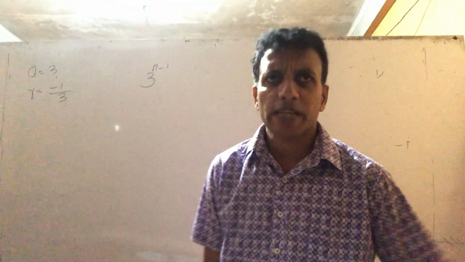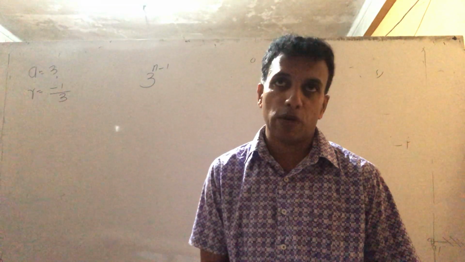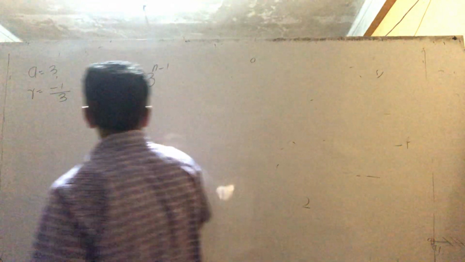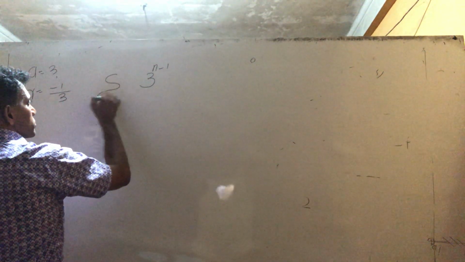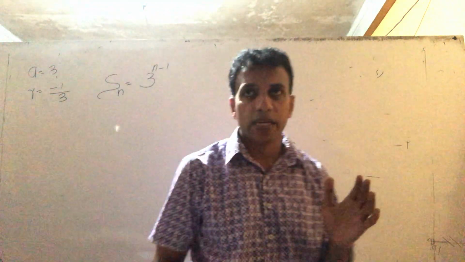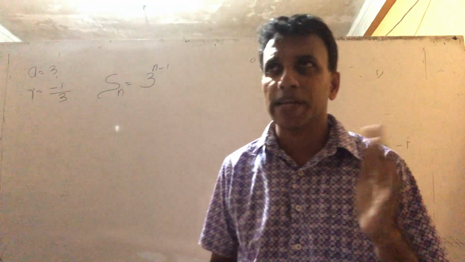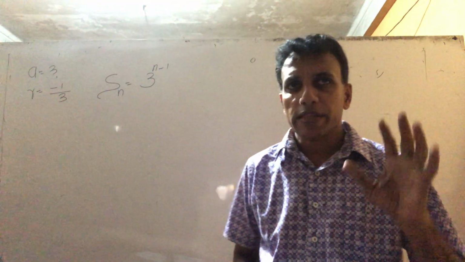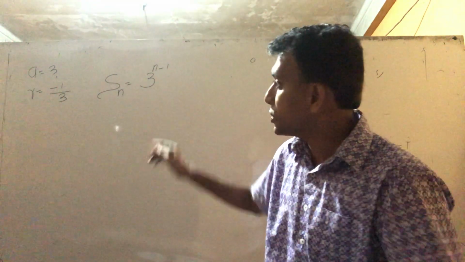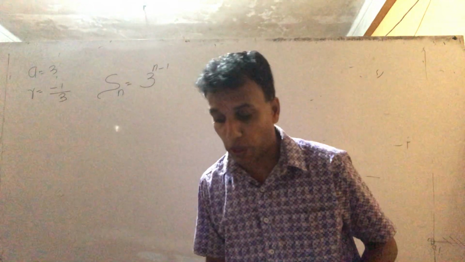Okay, see, this time it's also a summation formula, not the Tn formula. Sn is given. So we have the general formula Sn equals a times r to the power n minus 1 over r minus 1. To finish this problem, we have to use this Sn formula.